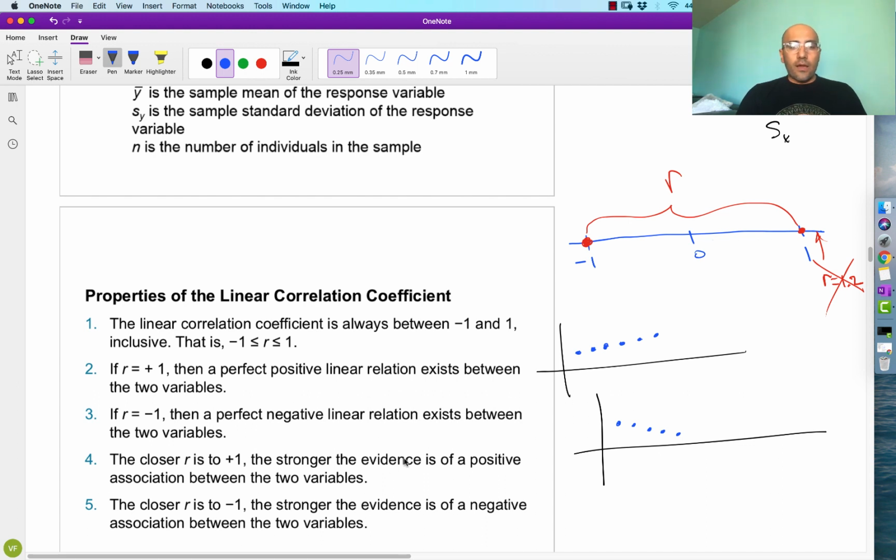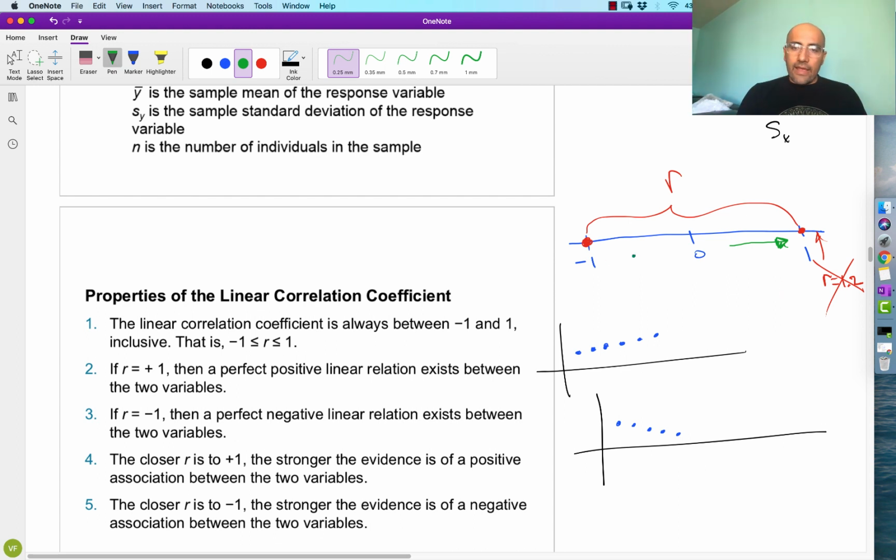Okay, so as the R value gets closer and closer to +1, the stronger the statistical evidence that we have a positive linear relationship.